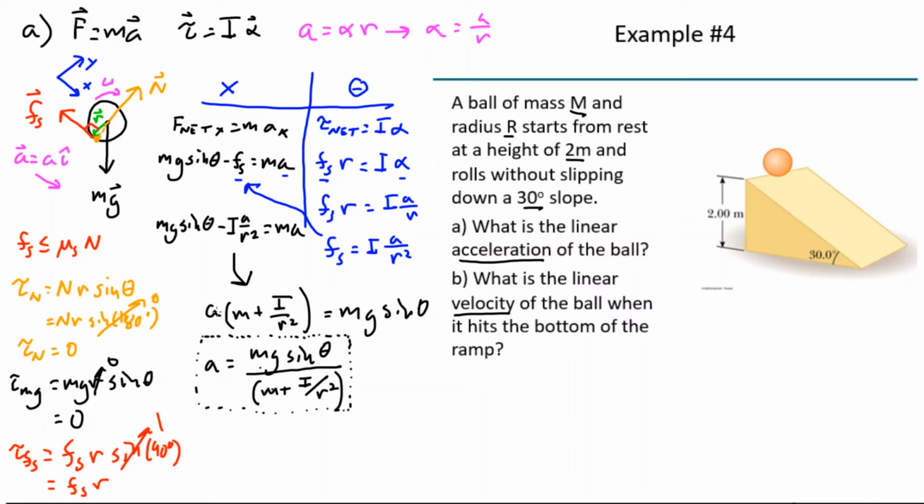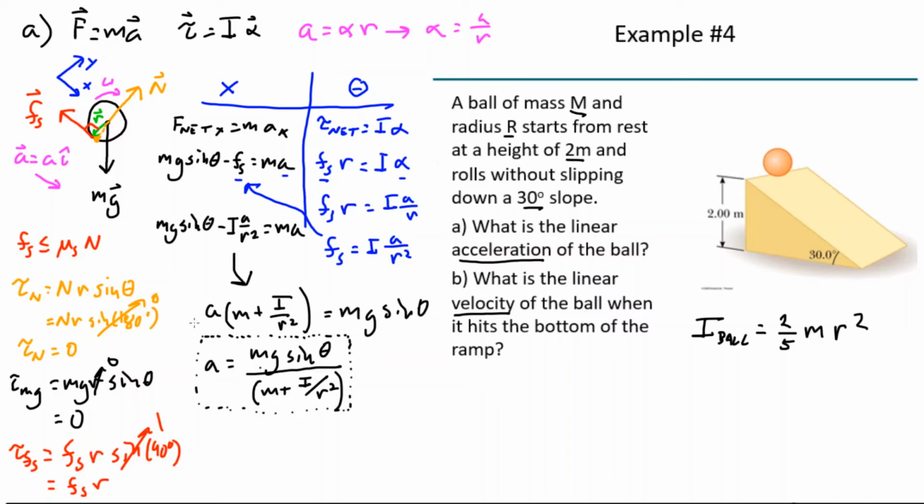But we still have to figure out what this moment of inertia is. Well, let's say this is a solid ball. So we can go to our list of moments of inertia, and we find that the moment of inertia of a ball, which is really the moment of inertia of a solid sphere, is 2/5 m r squared.